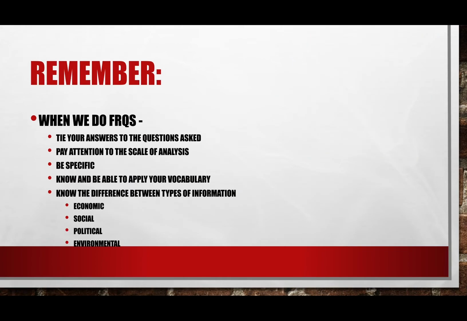Okay. So remember, when we do our FRQs, because we're going to be practicing, tie your answers to the questions that are being asked. Pay attention to the scale of analysis. Remember scale of analysis? That's where you're talking about global, national, local.